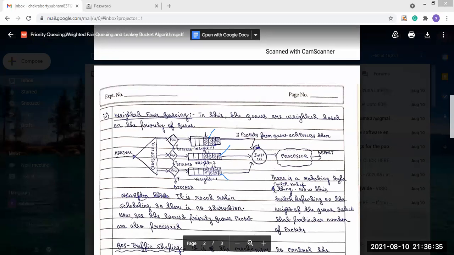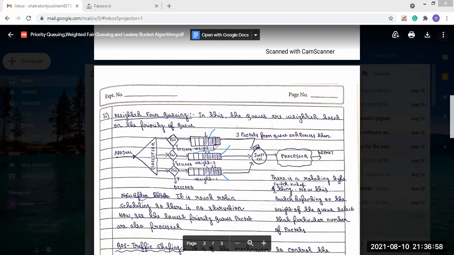According to what I said, this is a rotating switch, so it will first go to the highest priority queue. Depending on the weight of the queue, it will select the particular number of packets.